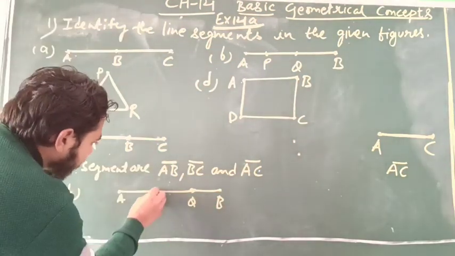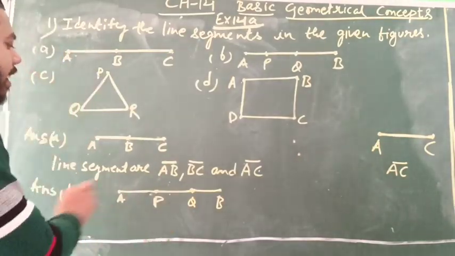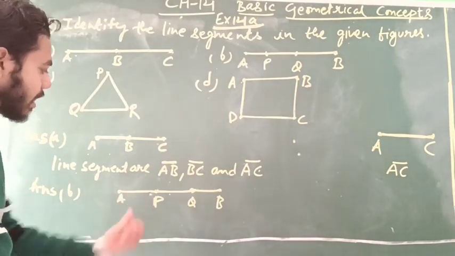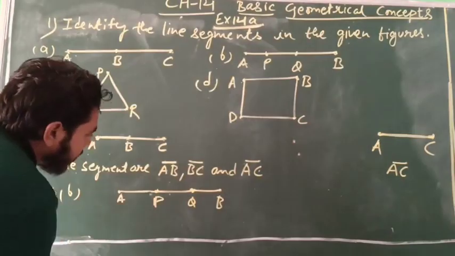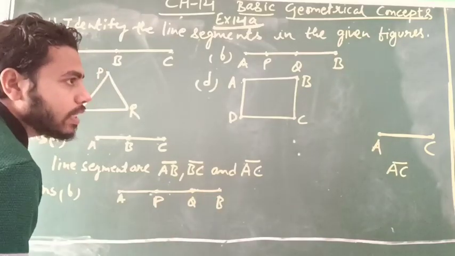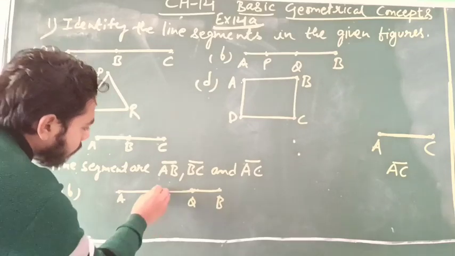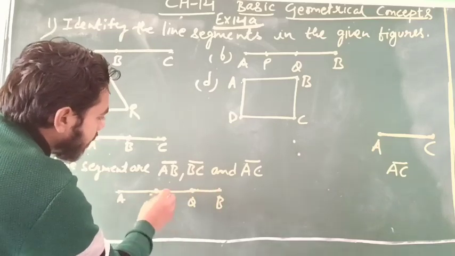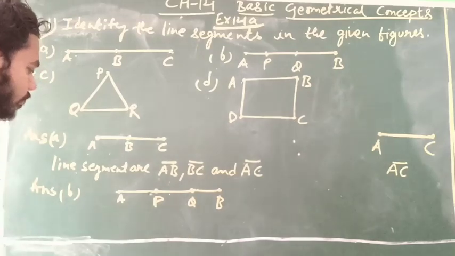When there are two endpoints, the segment is known as a line segment. So here AP is a line segment. PQ is a line segment. QB is a line segment. And AQ is also a line segment. If we draw through these 2 points, P and B, we also get a line segment PB.